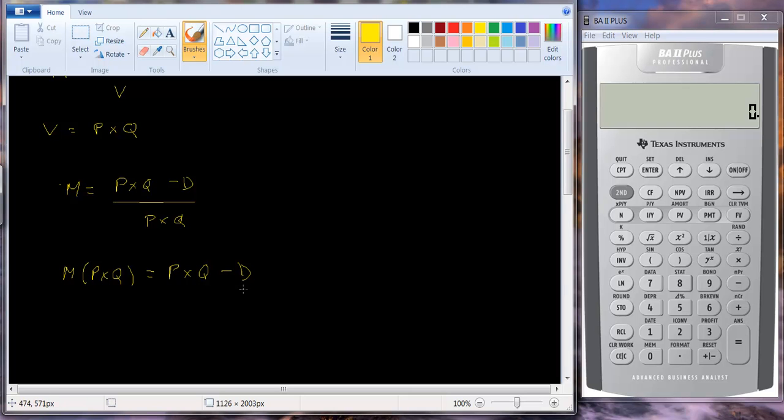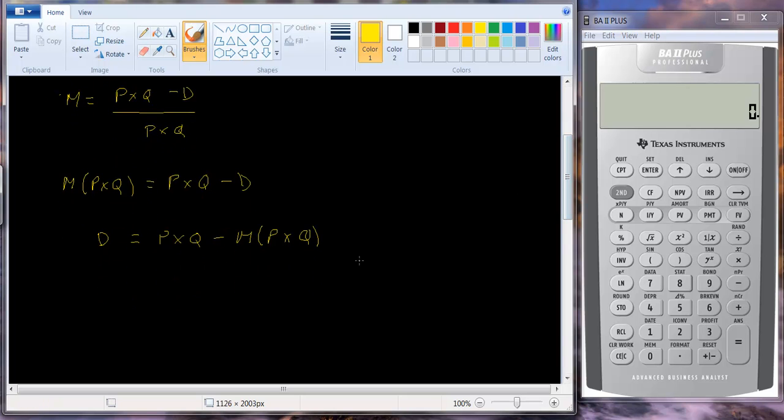We could add D to both sides and subtract this term from both sides. So we get D, I want D on this side of the equation, D equals P times Q minus M times P times Q.